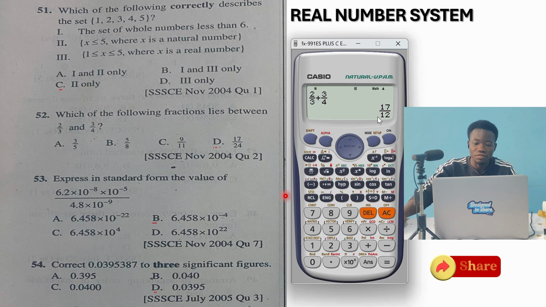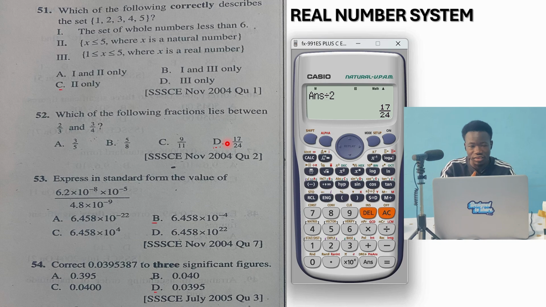Now we divide this by 2 to get the number that is in the middle. So divide this by 2, and your correct answer is 17/24, which is option D. So you find the sum and divide by 2 to get what is in the middle. Because when you are dividing a value by 2, it means you are getting what is in the middle of that value, or you are dividing the value into 2 equal parts.